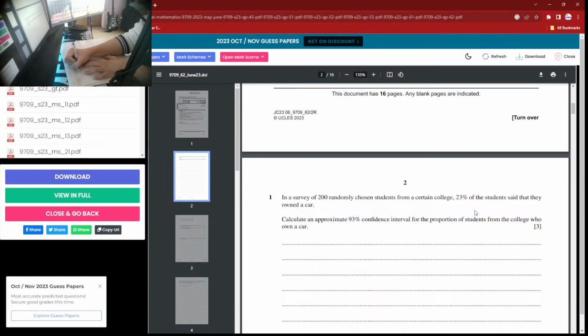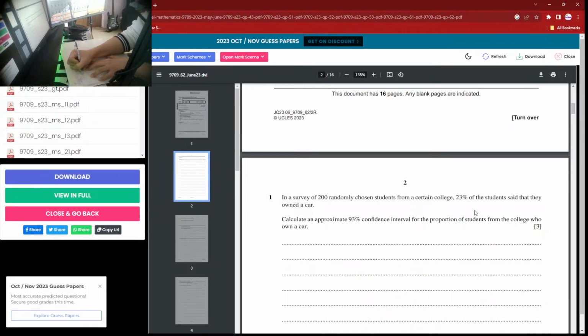So our p is 23%, so 0.23 plus or minus 1.811 root of 0.23 times 0.77 over 200, which is our n value.